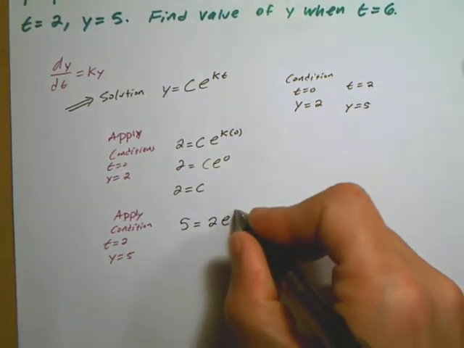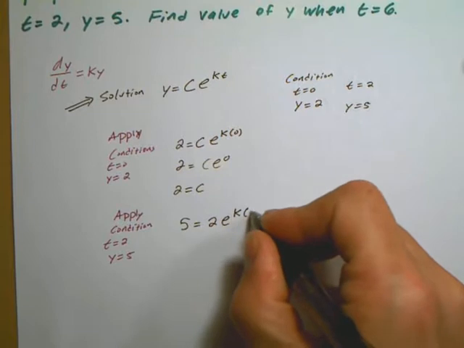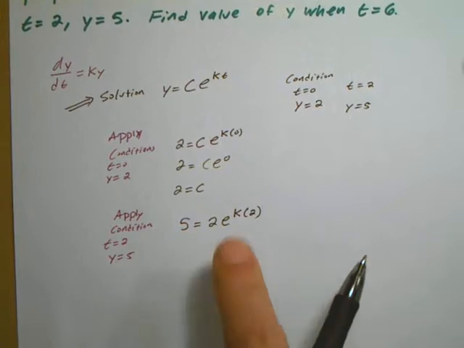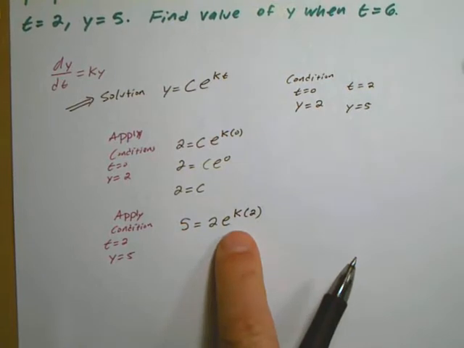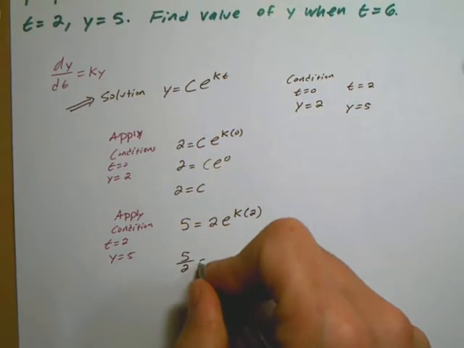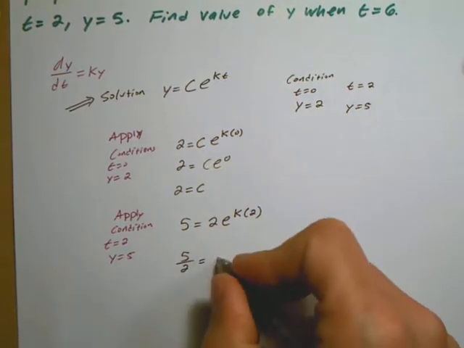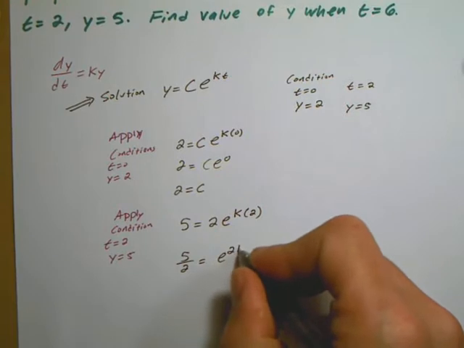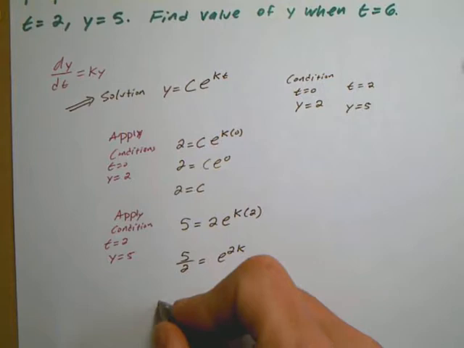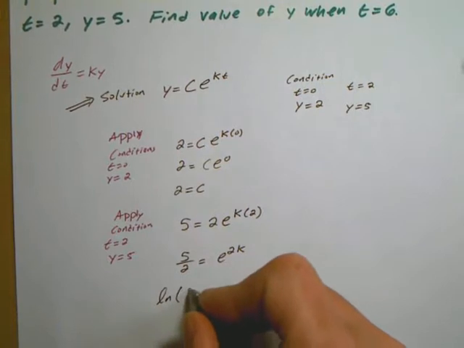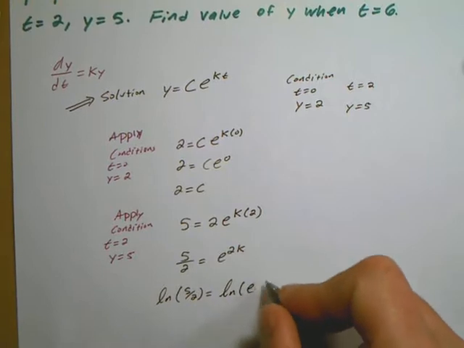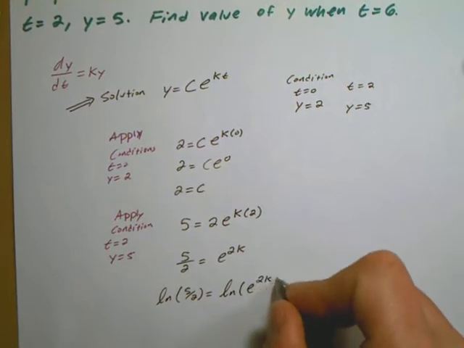Alright, so I know my c value is 2, so I can say 5 is equal to 2 e to the, so I don't know what k is, but I know that the t value is going to equal 2. So I go ahead and basically isolate e to the k. So I go ahead and divide this over, so 5 over 2 is equal to e to the 2k.